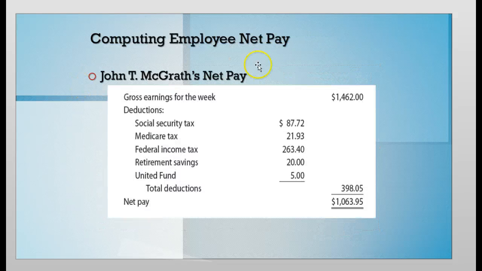After all is said and done, here is his net pay. He made $1,462. His Social Security tax was $87.72. His Medicare $21.93. His federal income tax after the calculations was $263.40. He also is having deductions for another retirement savings, and he contributes to the United Fund.